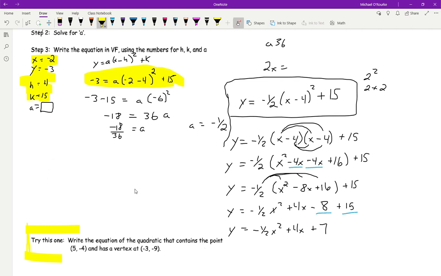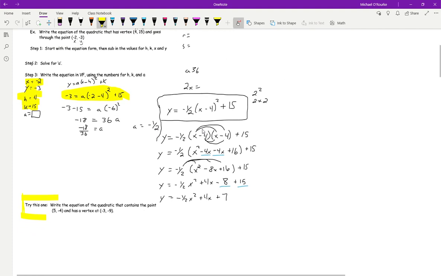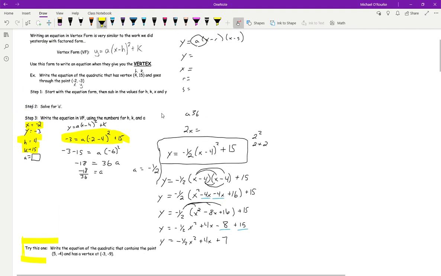Well, what's H and K stand for? H and K stands for your what? Can someone help me in the chat? If you look up here, H and K is your vertex.